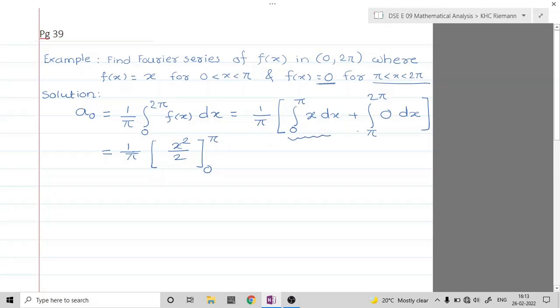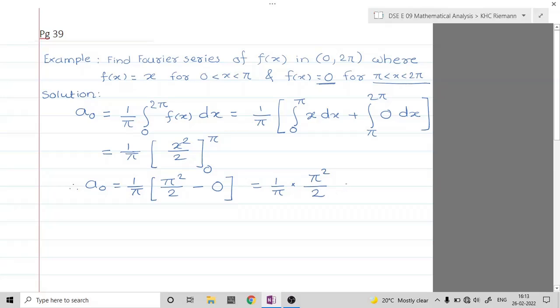Only this integral; the second integration is 0, so forget it. Therefore, a naught is equal to, as usual, replacing upper and lower limit, x equal to pi: pi square upon 2 minus, for the lower limit x equal to 0, 0 square is 0, so it is 0. Just a matter of simplification.